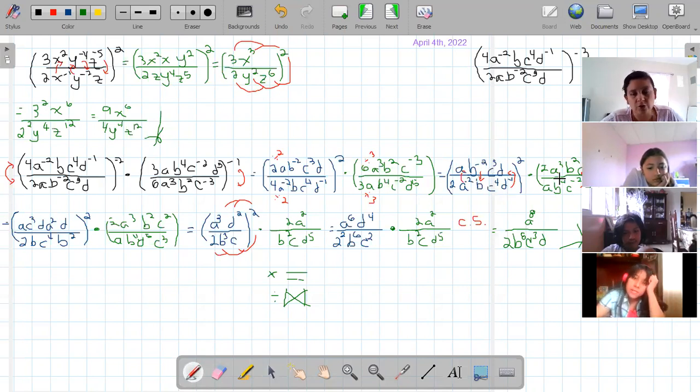So yes, it is possible. I'm just doing it the longer way so you can see and understand a little better why every single step happened, why it became a 2, why it became an invisible 1, why this 2 became positive. That's why I'm doing it step by step. But of course, you can do it shorter.